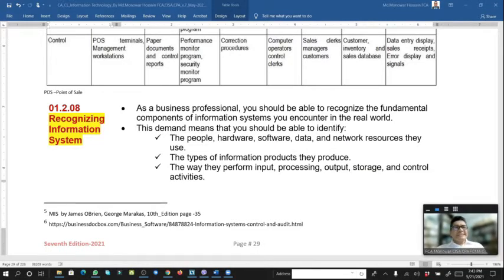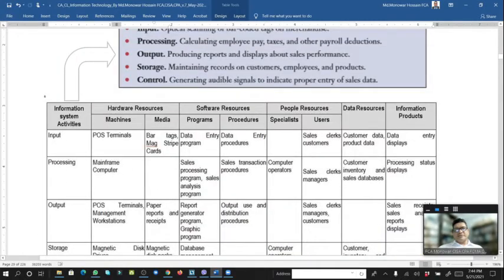Now, recognizing information system. As a business professional, you should be able to recognize the fundamental components of information system as you encounter them in the real world. You have to identify who the people are, how they work, what the hardware, software, data, and network resources they use are. That is all described within this chart also.